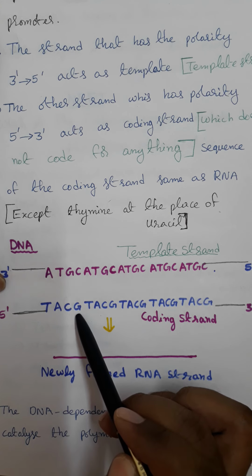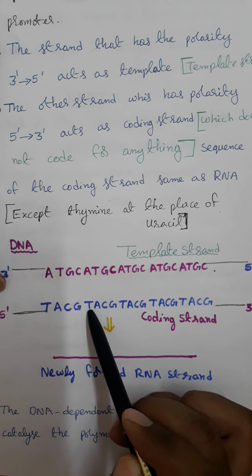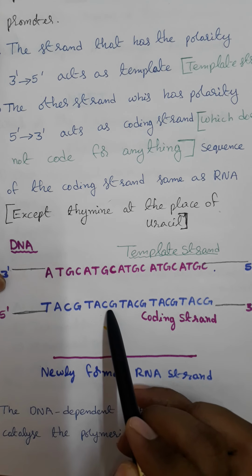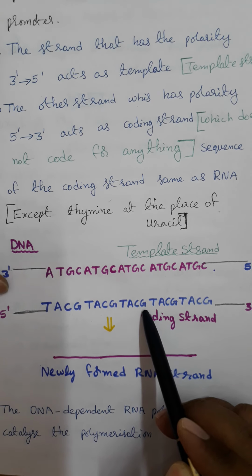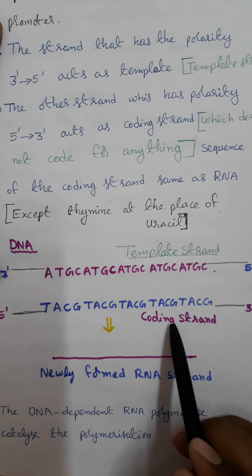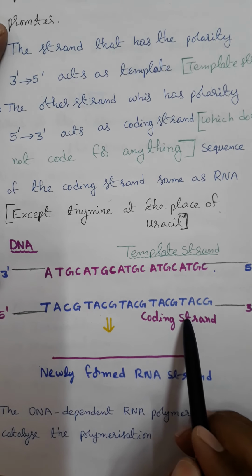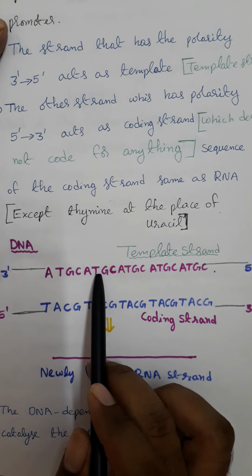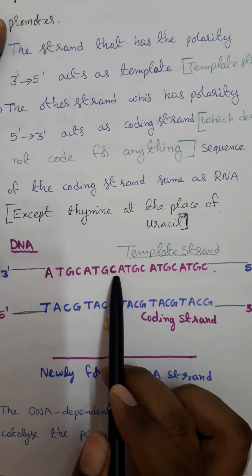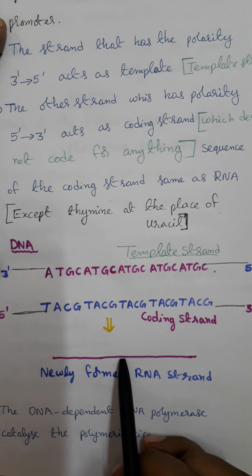So these are the nitrogen bases in the opposite strand. What is the name of this strand? Coding strand. This segment of the template strand is involved in the synthesis of the RNA molecule.